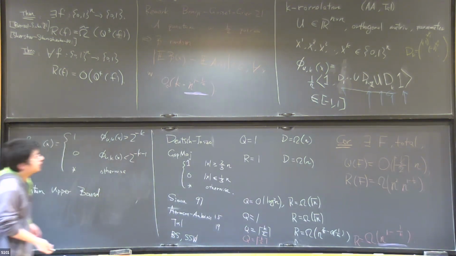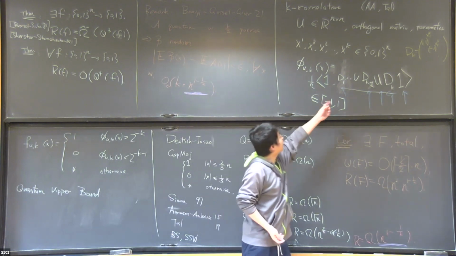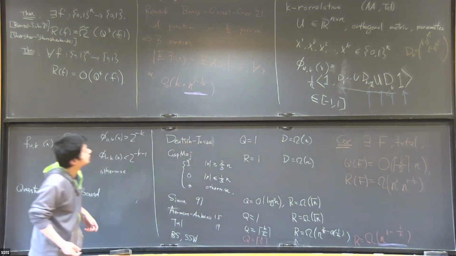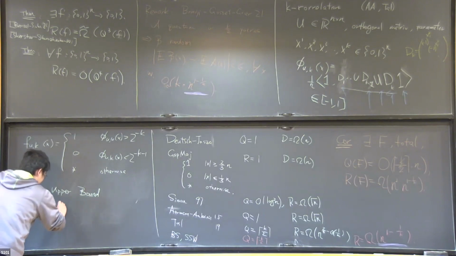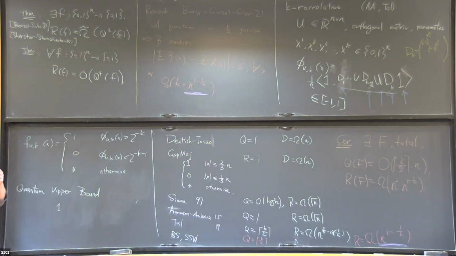So we just need to rewrite this inner product. You write half of the diagonal matrix on the left and half of the diagonal matrix on the right.